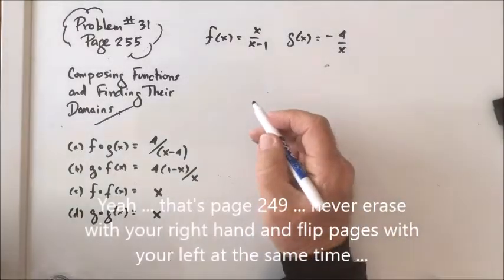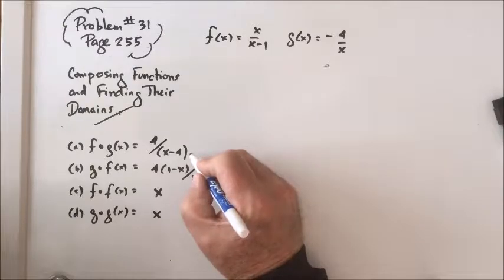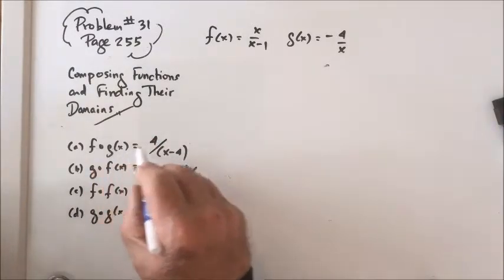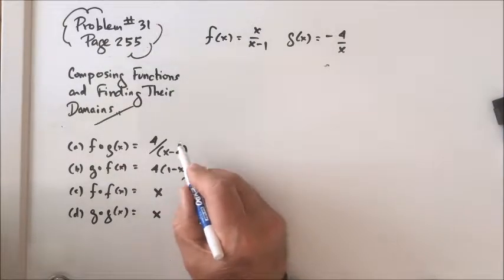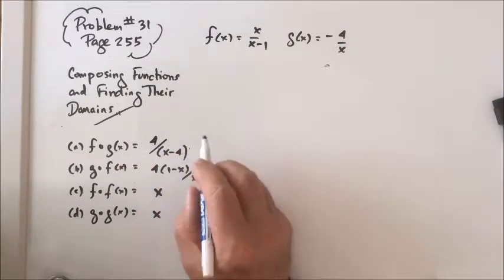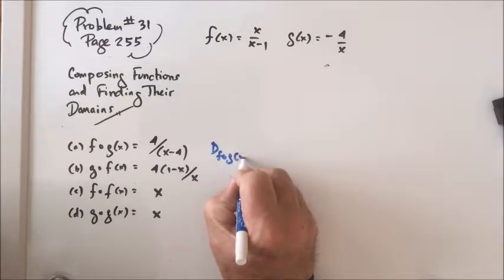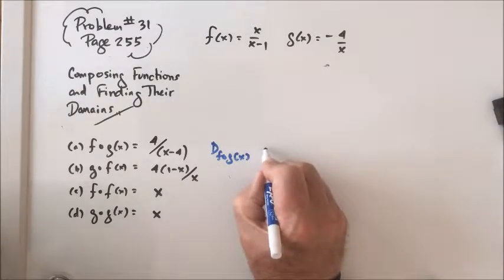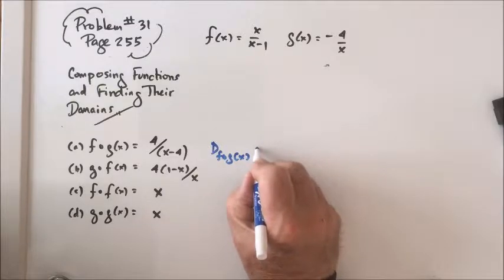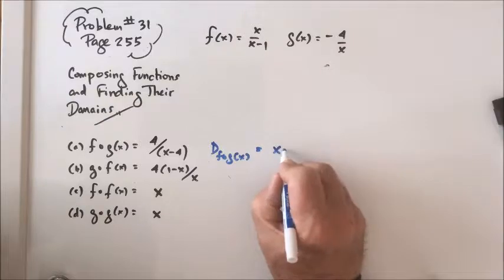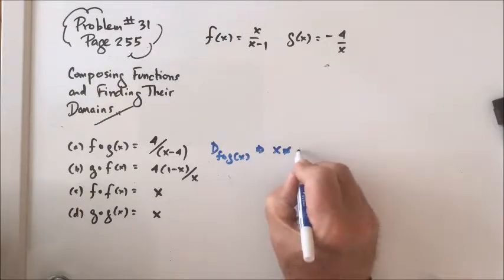But in fact, what we're going to do here is to say, look, the domain of f of g, here is f of g of x. And it certainly looks like the domain of f of g of x is all x except, how do I write this? x does not equal 4, right?